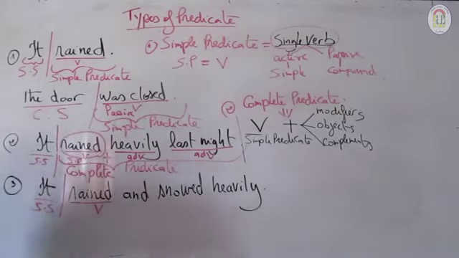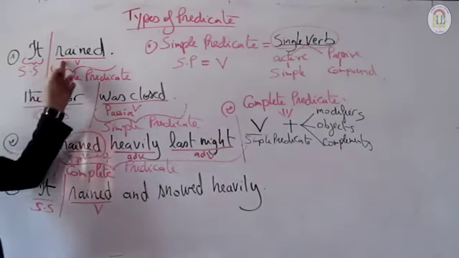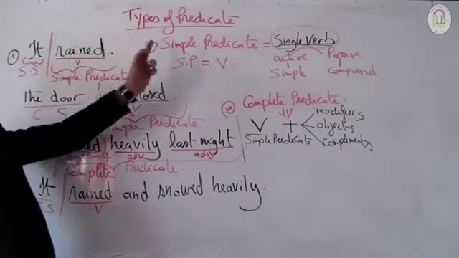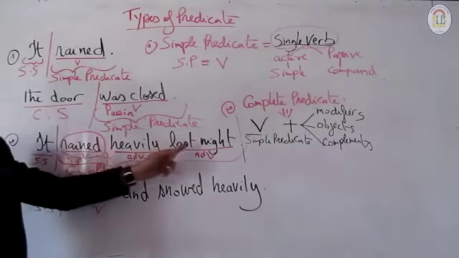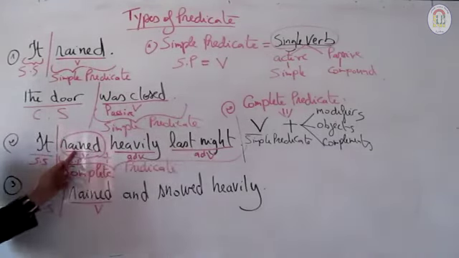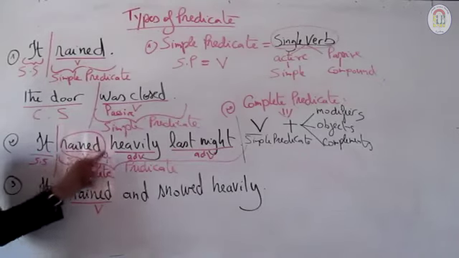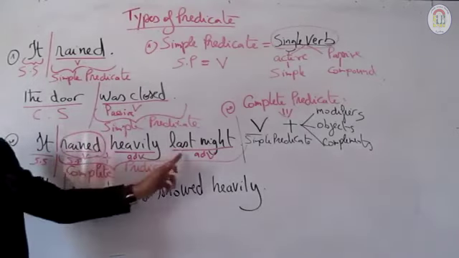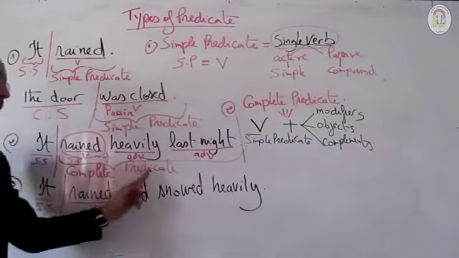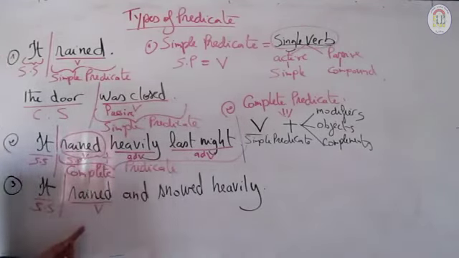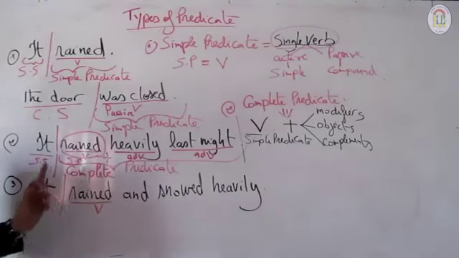But look here, I have rained, a single verb. We call it simple predicate. Here I have rained heavily last night, a single verb or simple predicate plus other elements which modify it, and all of them we call complete predicate. But in this example, I don't have only one verb.